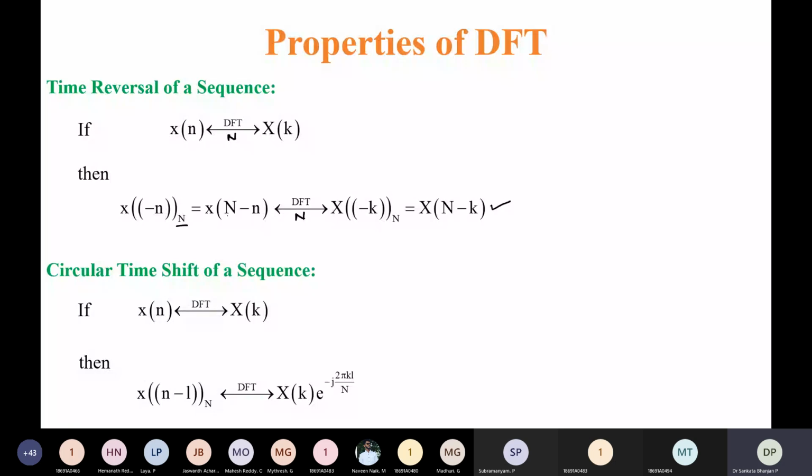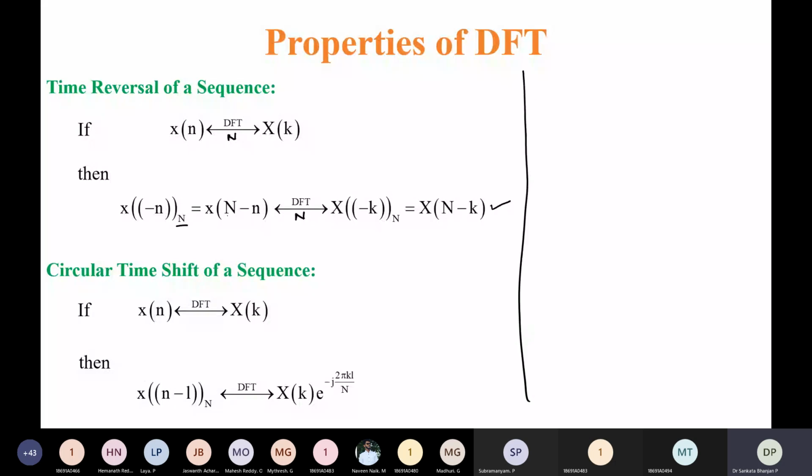Then I am going to discuss this property's proof. For the remaining properties, you can verify the proofs by yourself. If you have doubt in any property, just ask me the question, I will explain it at that time.